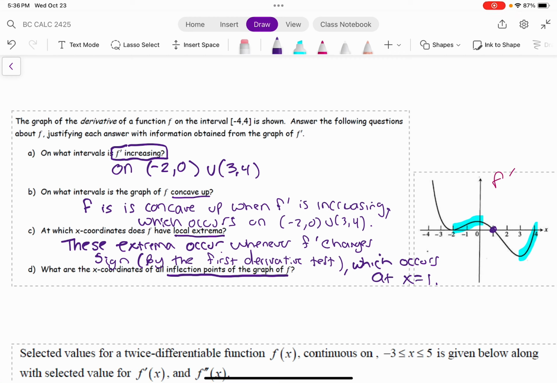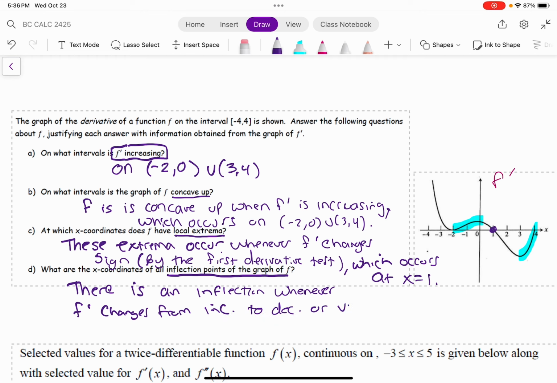So you have to say there's an inflection point whenever f prime changes from increasing to decreasing or vice versa.